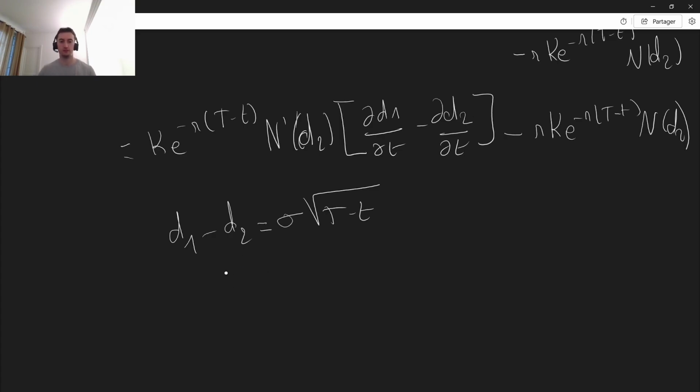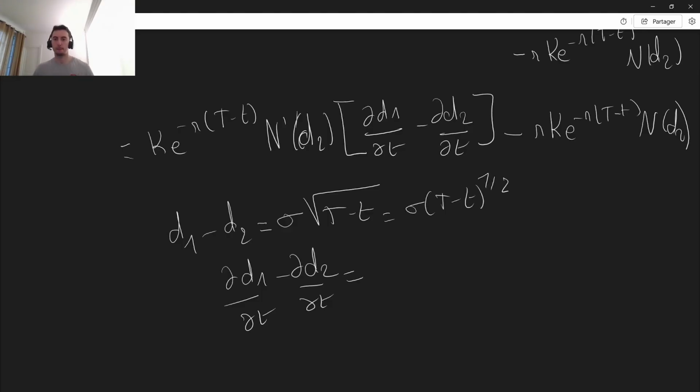Therefore, if you take the derivative of the difference with respect to t, then you can compute what it is. And so if I rewrite this with the power, then it's easier to deduce that the solution is sigma over 2 (T minus t) to the power minus 1/2, which gives this result.